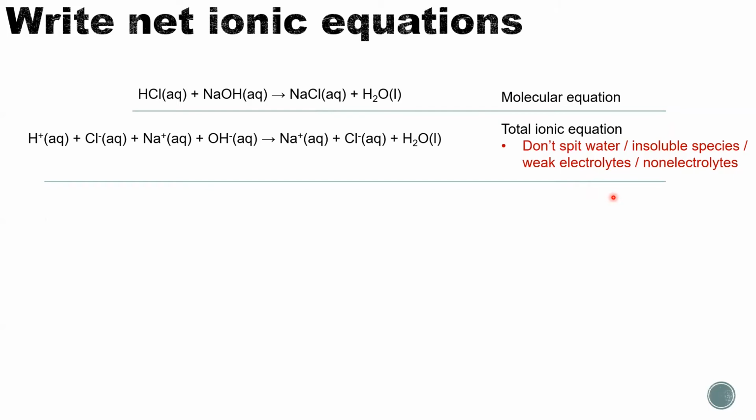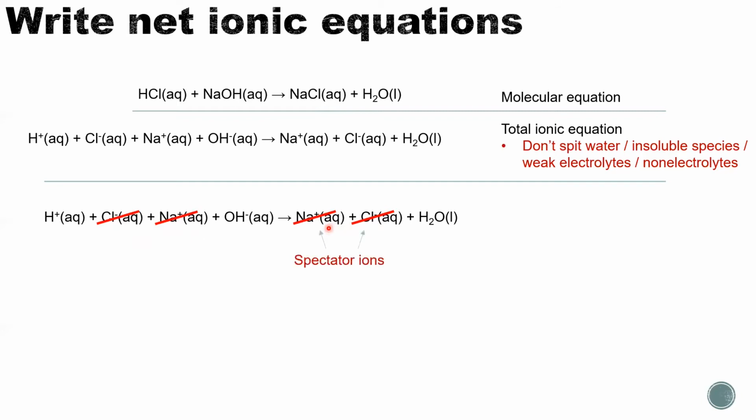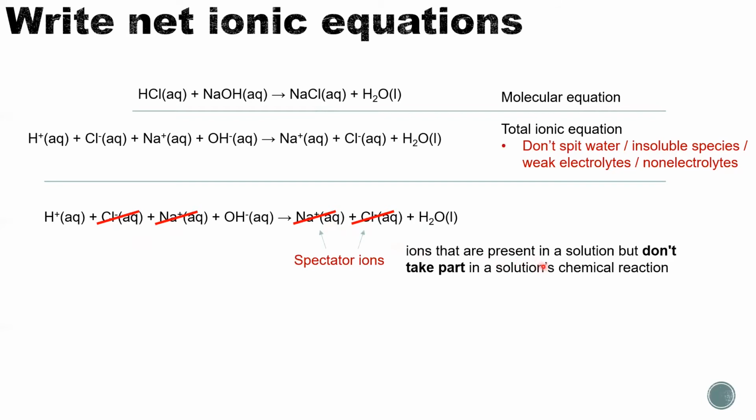From the total ionic equation, I write it out again, and we can cancel out the same species before and after reaction. For example, chloride anions are the same before and after, so we can cancel those out, and also sodium cations. These ions that can be canceled out are called spectator ions. These are the ions that are present in a solution but don't take part in the solution's chemical reaction. After we clear out these spectator ions, we can see what exactly took part in the reaction.